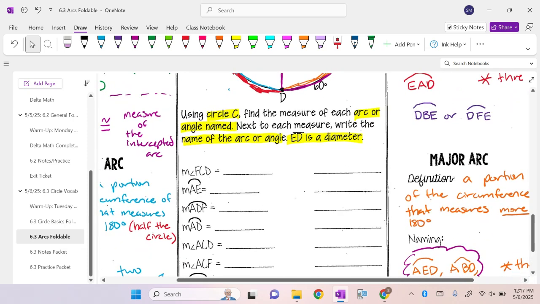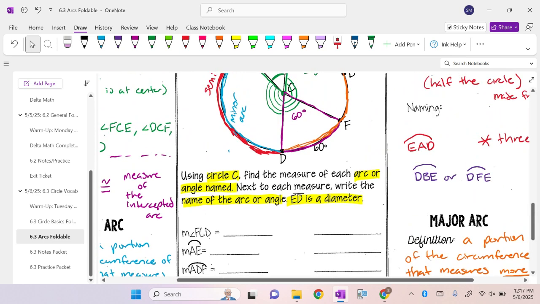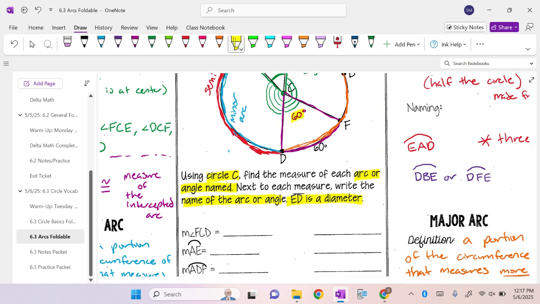The measure of angle FCD: what was that measure? 60, which is right here. What's angle FCD called? It's a central angle.